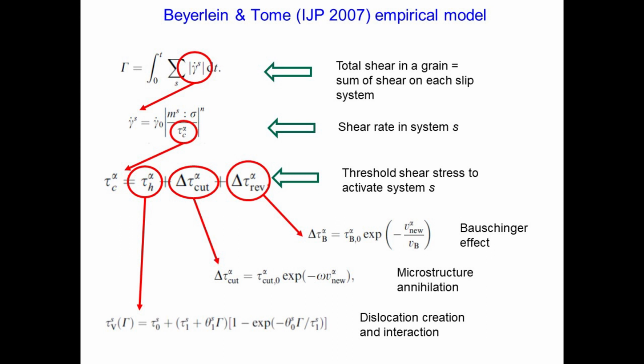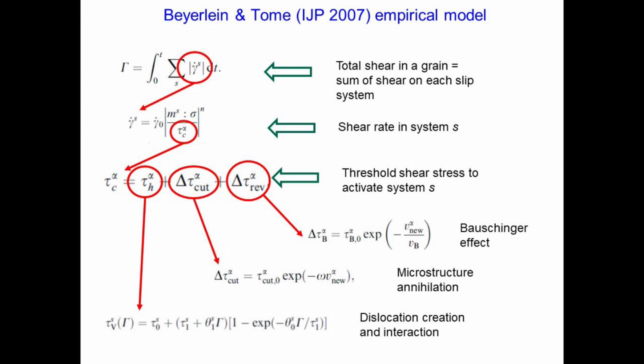This one is treated as an exponential that has a term here, V nu, which has to do with the creation of new structure, and this one has to do with the presence of the reversible dislocations. So this has to do with the microstructure annihilation part.